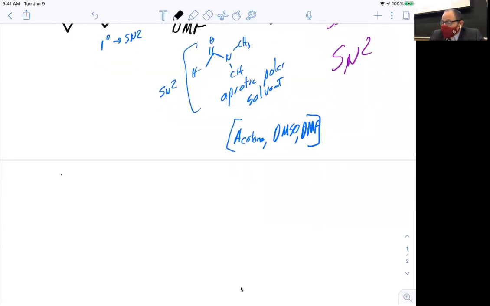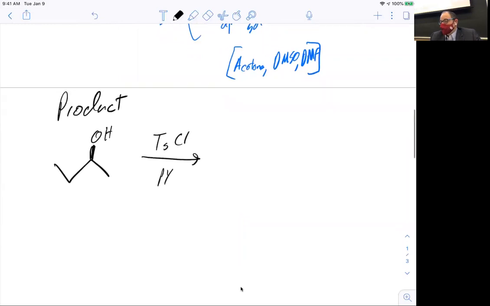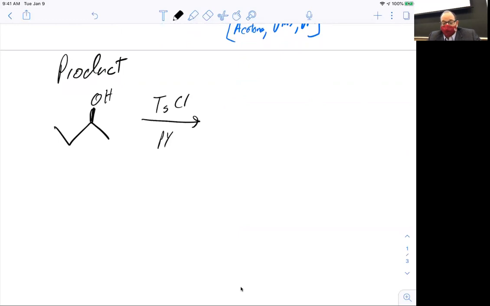Okay, so product. So what's the product of this reaction?